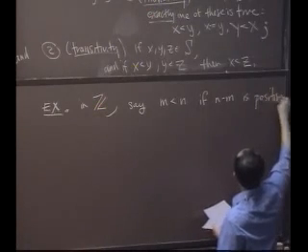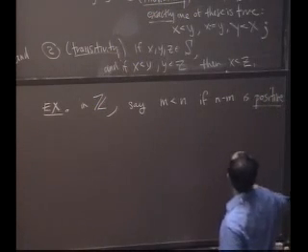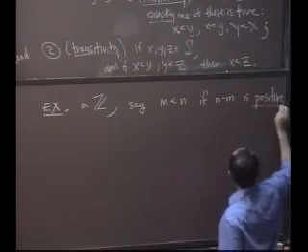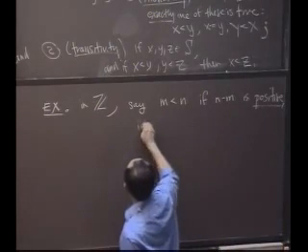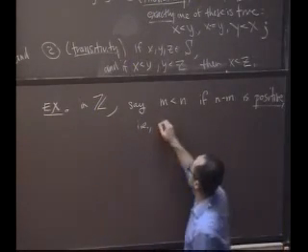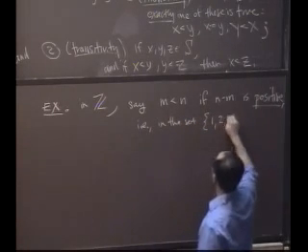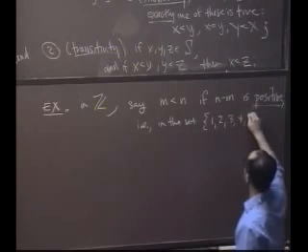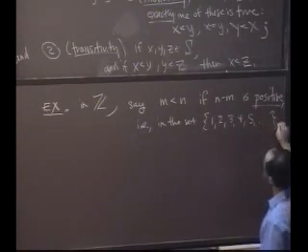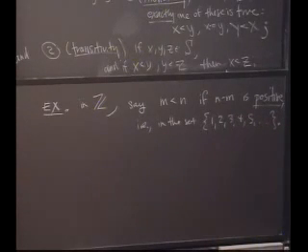That's the correct definition. And what positive means, in other words, is the set 1, 2, 3, 4, 5, and so on. We'll just declare those creatures to be the positive ones.